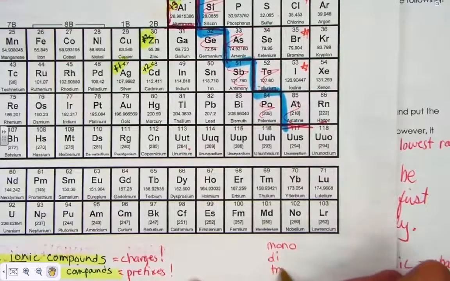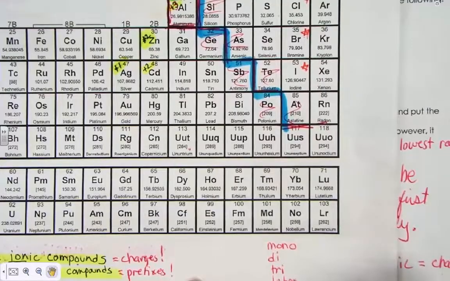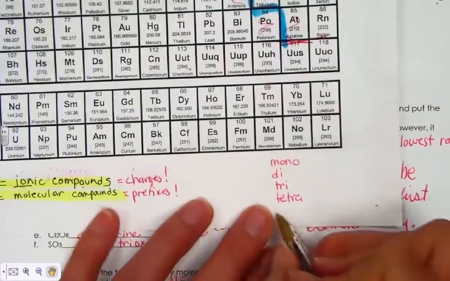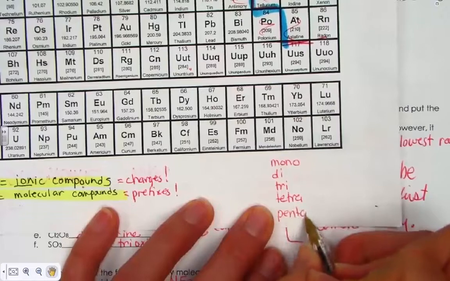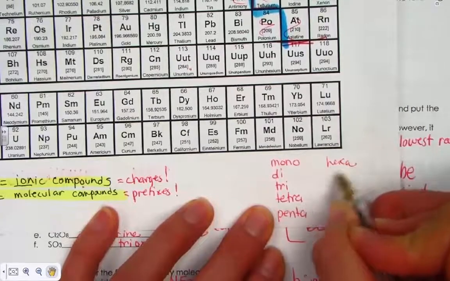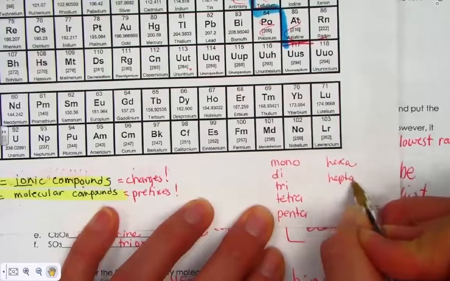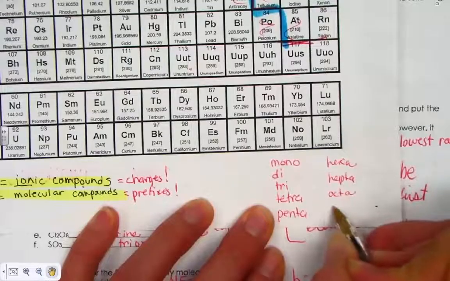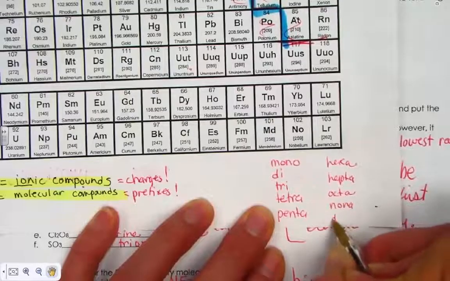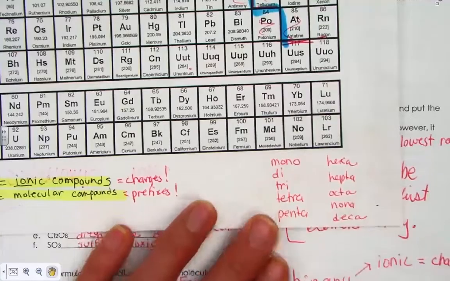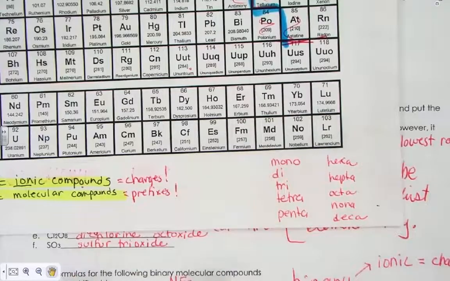Mono, di, tri, tetra, penta, hexa, hepta, octa, nona, deca. Complete your periodic table test-taking tool area wherever you have a spot. And when you're ready, start up the next video on the lessons for acids.